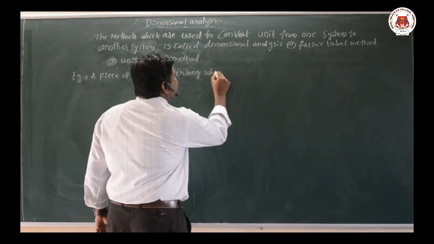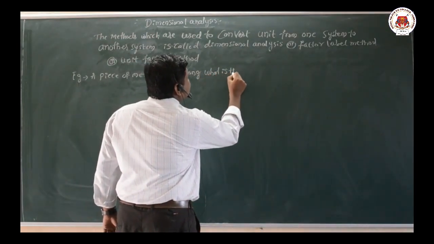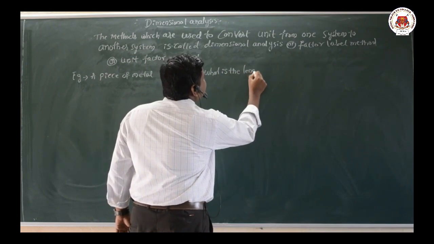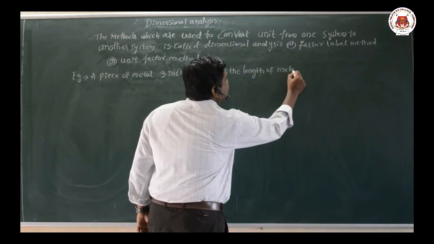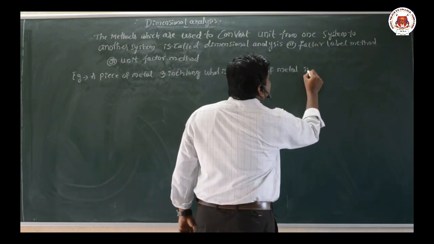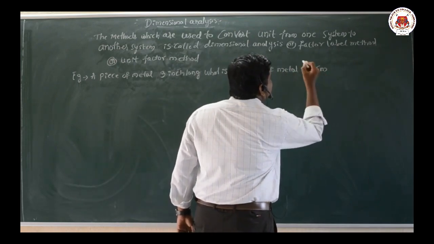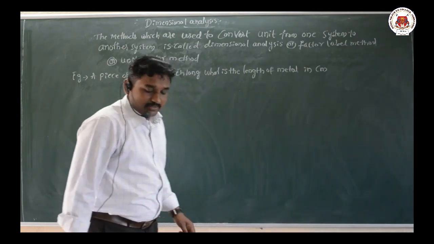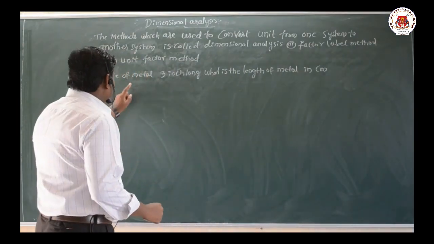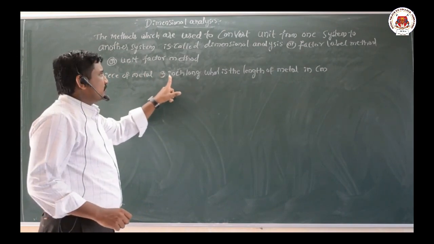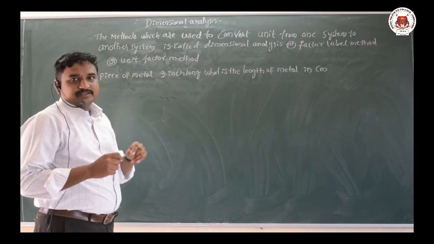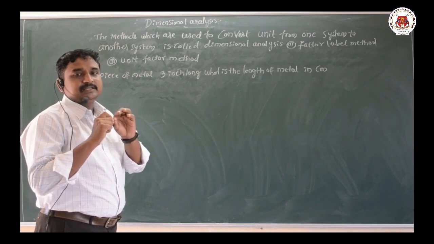What is the length of the metal in centimeter? Here they have given the piece of metal that is 3 inch long, so the length is given in the form of inches.